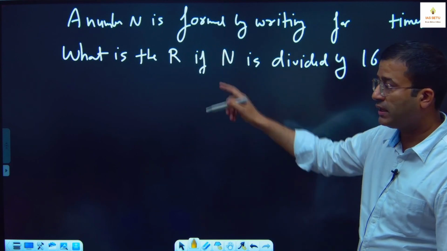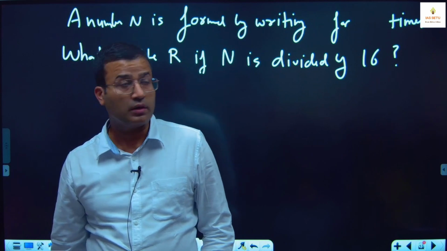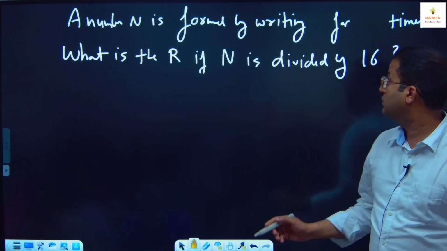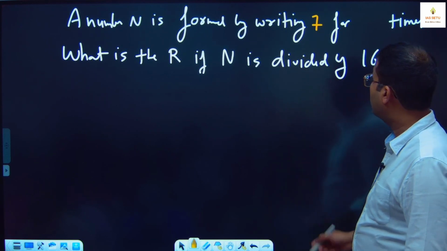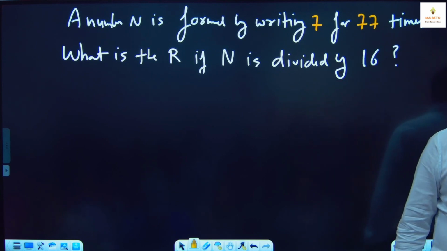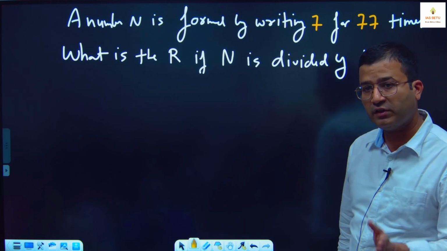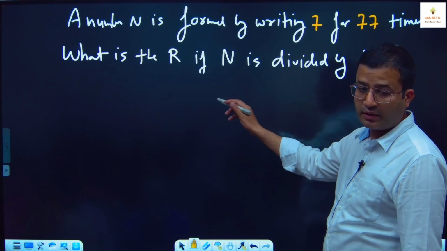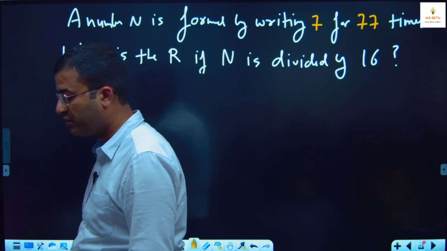A number n, लिख लो, a number n is formed by writing 7 for 77 times.